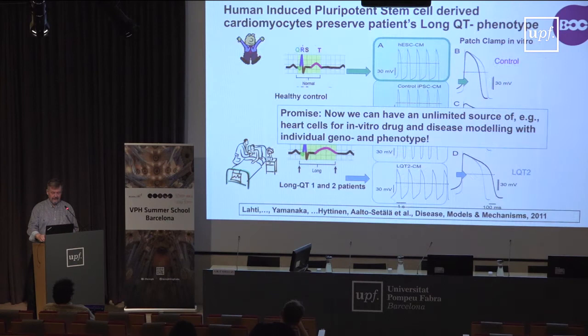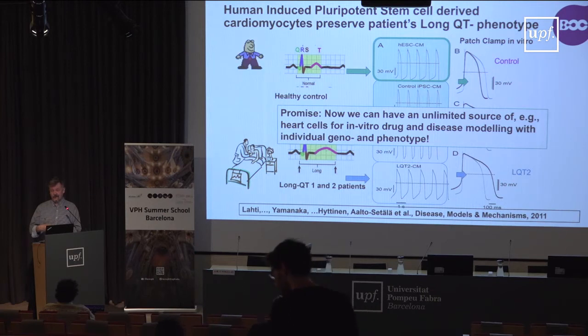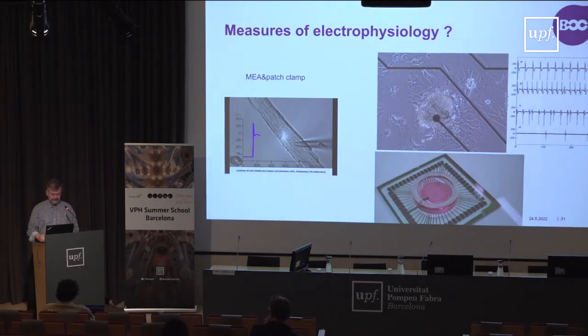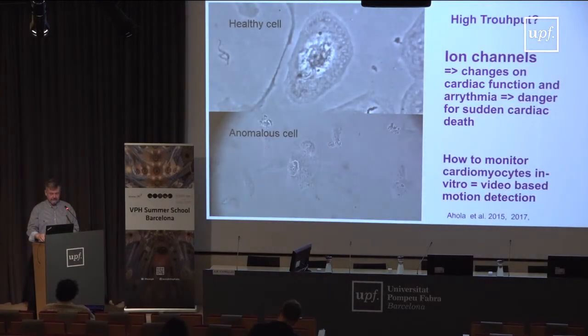Of course, you could use these techniques, and actually Professor Aaltosetälä has treated some patients so that she had cells in vitro, tested a couple of drugs that were used for this kind of syndrome, and selected the drug for that particular patient. So it can be done, but it's not really part of clinical routines. But this is kind of a wish list, what we would like to do.